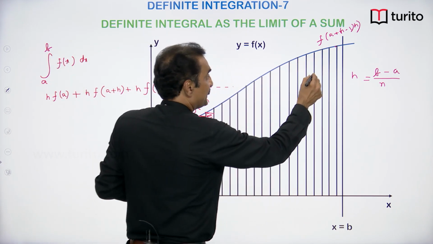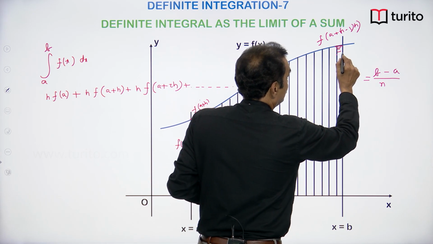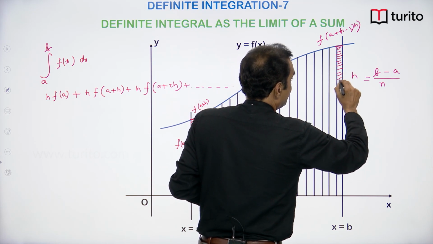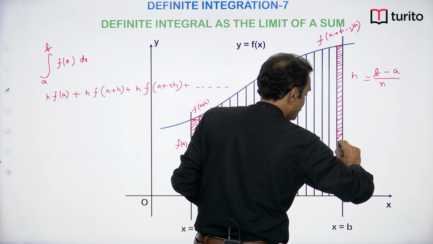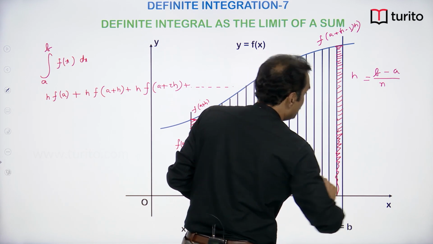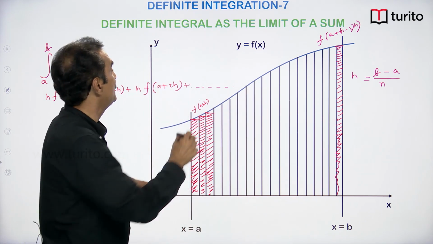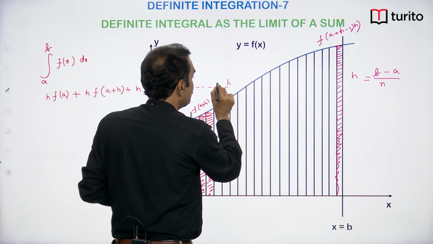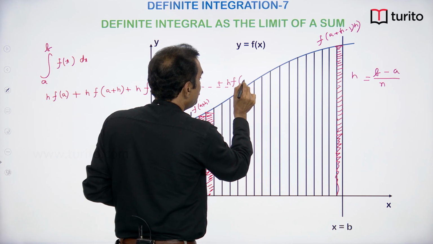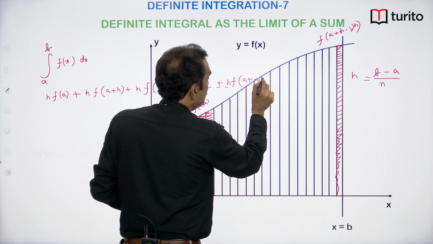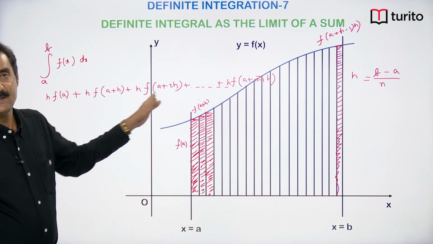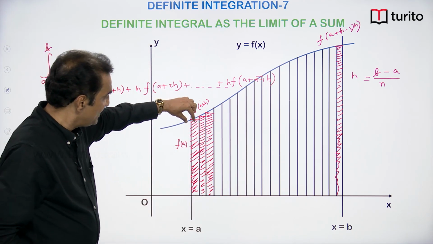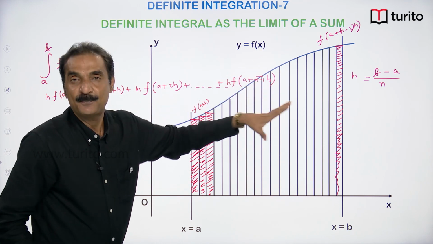Then the area of the last strip is h into f of a plus n minus 1 into h. So by adding these areas, you are getting the total area approximately.